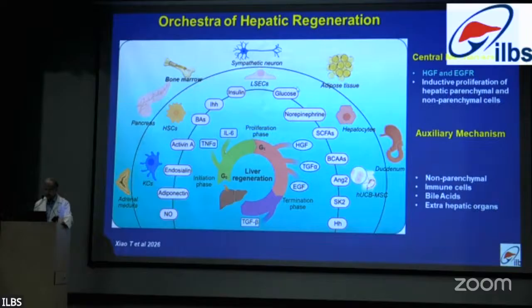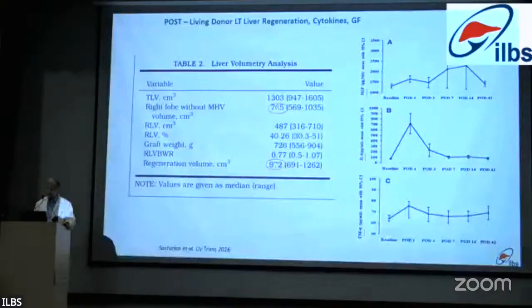The central mechanisms are hepatocyte growth factor and epidermal derived growth factor and the receptors. They are the inductors of proliferation of both parenchymal and non-parenchymal cells. And of course, the auxiliary mechanisms include non-parenchymal immune cells, bile acids and other organs.